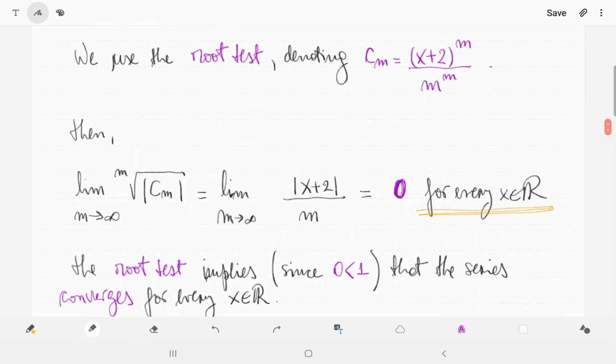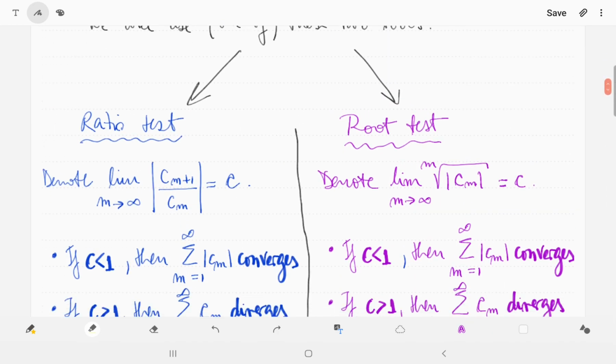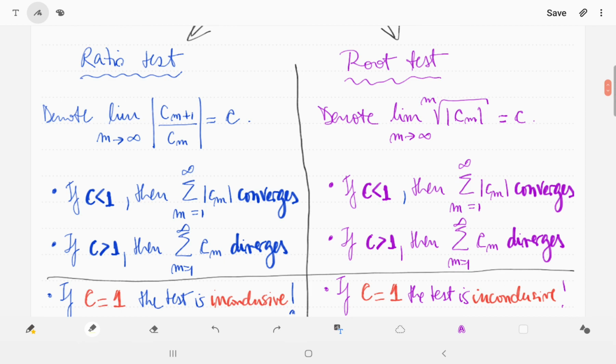The two tools were these two tests, the ratio test and the root test. Remember, we know what happens when these limits are strictly greater than 1 or strictly less than 1, and when it's exactly 1, we don't know and we have to check by hand what happened.